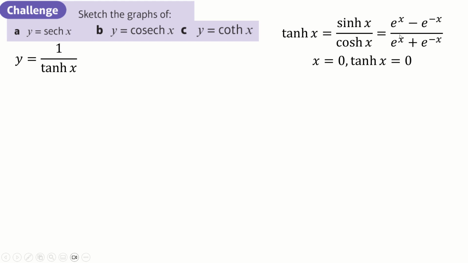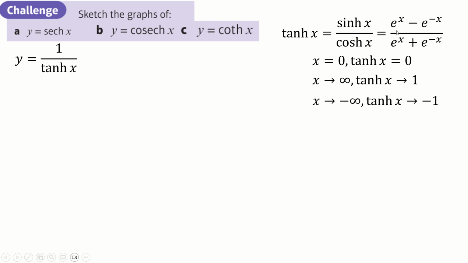If x is a really, really big number as it tends towards infinity, you get e to the infinity minus nothing over e to the infinity plus nothing, and that's just 1. And likewise, when it's negative infinity, it's the same thing, because these are the ones that go to infinity, and then you have a minus and a plus, and it just goes to minus 1.